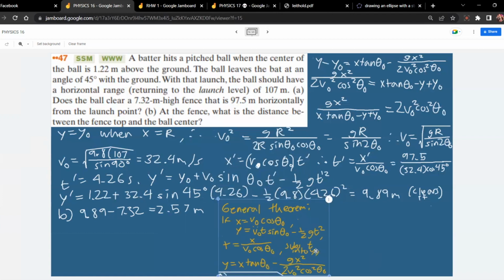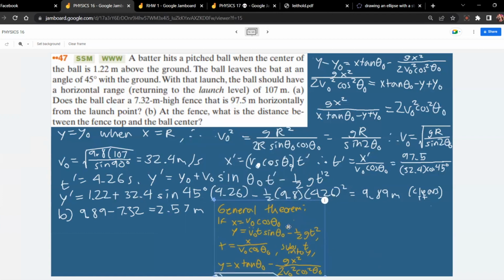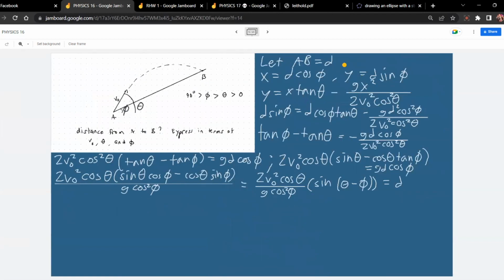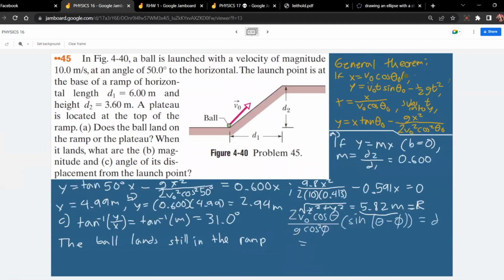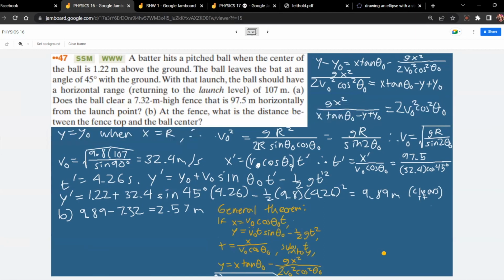So note natin siya. If x is equal to v naught cosine theta times t, y is equal to v naught t sine theta minus 1/2 gt square. So y minus y naught.